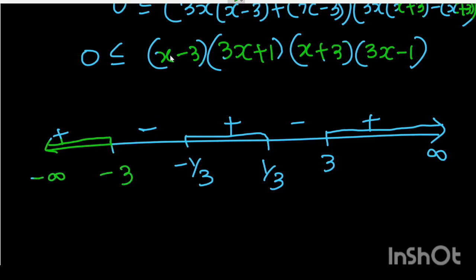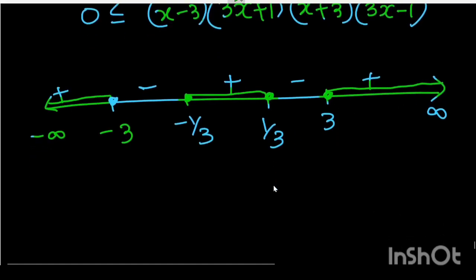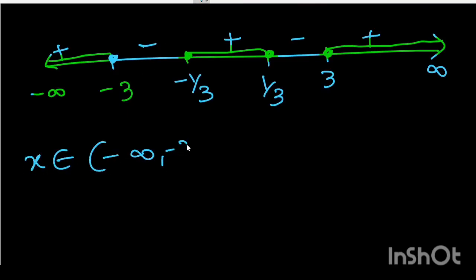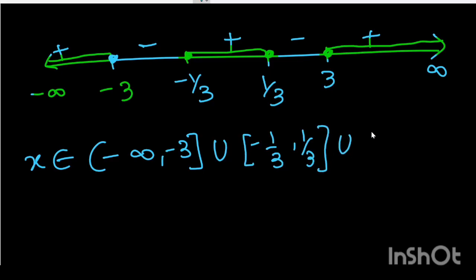Equality is there, so we will take equality everywhere: minus 3, minus 1 by 3, plus 1 by 3, plus 3. Then minus 1 by 3 to 1 by 3, then 3 to infinity. So x belongs to minus infinity to minus 3 closed, union minus 1 by 3 to 1 by 3, union 3 to infinity is the answer, guys.